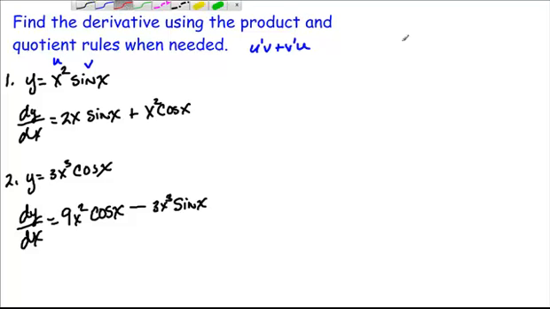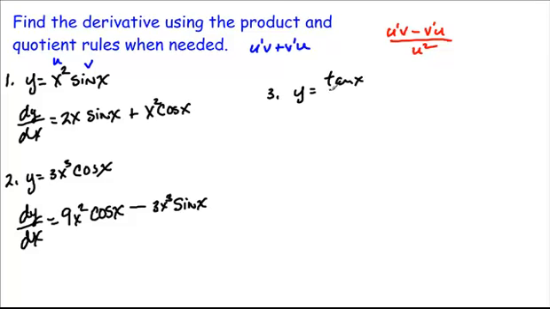So we need to remember the quotient rule. Remember that is u prime v minus v prime u over v squared. Okay? So question 3 then, let's do y equals tangent x over x squared.